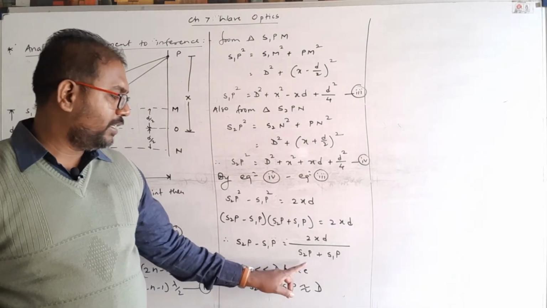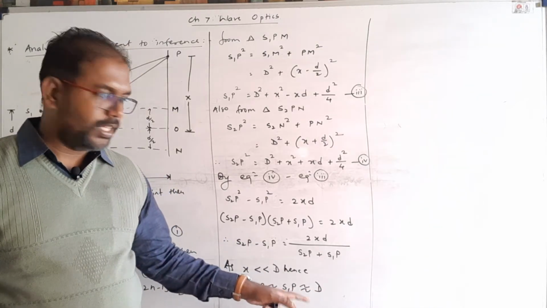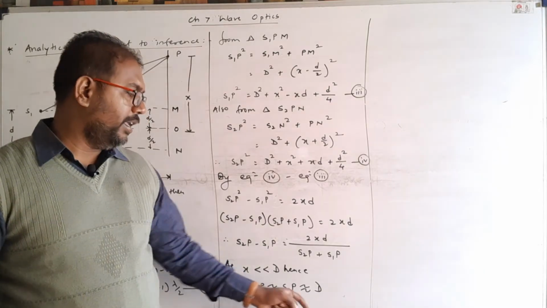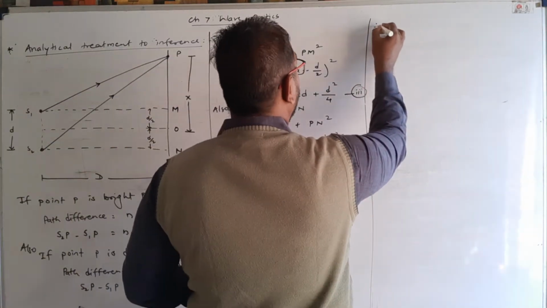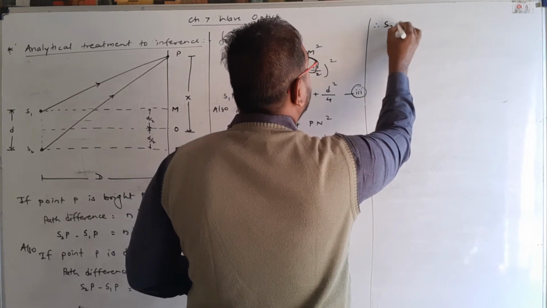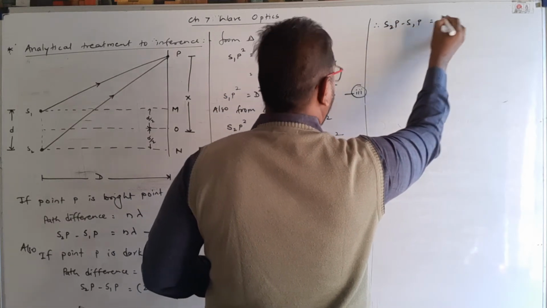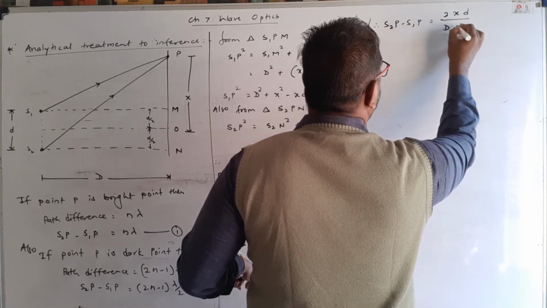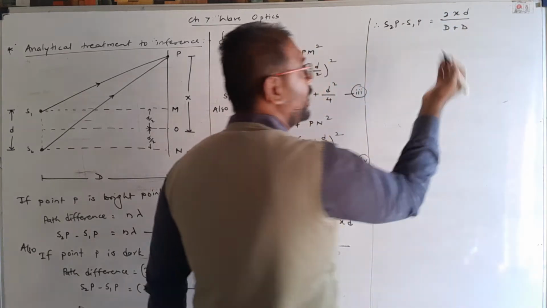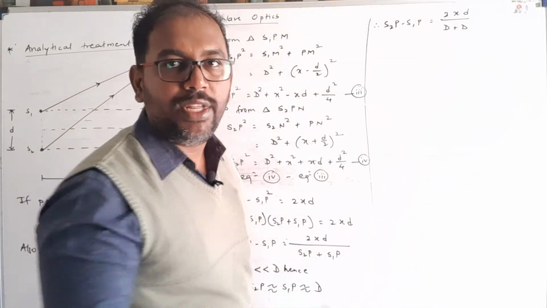So I can write here, instead of S2P, I can write D, and instead of S1P, I can write D. Hence we get S2P minus S1P is equal to 2XD divided by D plus D. D plus D is 2D.